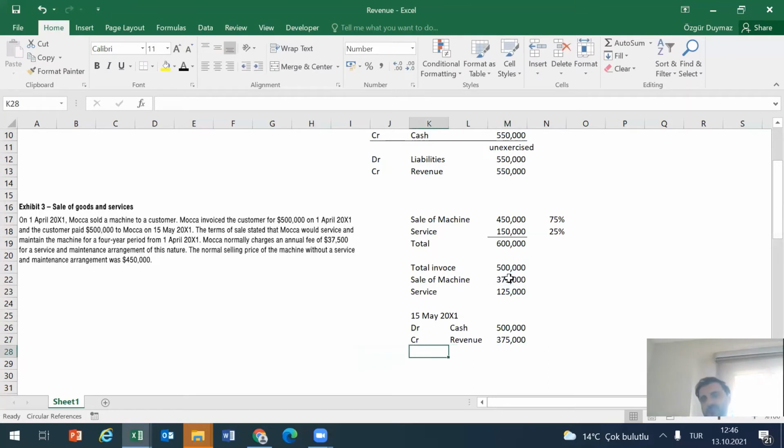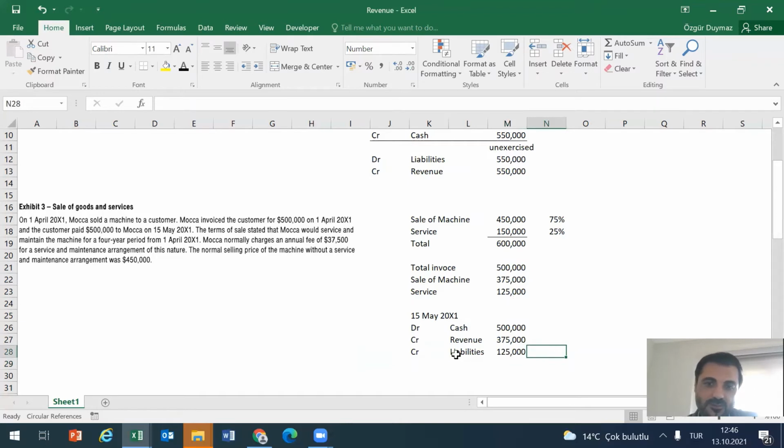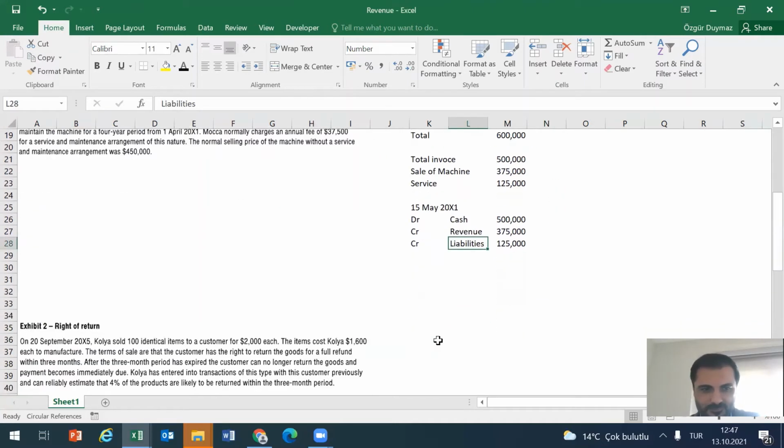Service has not been provided yet, so you need to record it as a liability. Once the service is provided, the portion of the provided part should be recorded as revenue. In the 4-year term, the liability will turn to revenue for the service and maintenance part.